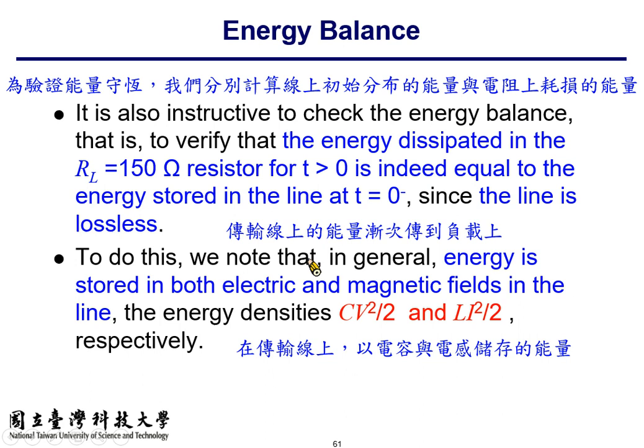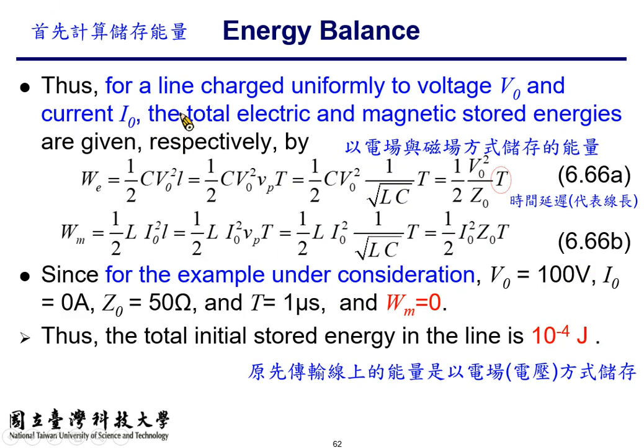But in reality, the energy stored on the transmission line is stored in terms of electrical field and magnetic field. So what we can do is find out the total energy stored on the transmission line. Equations 6.66 A and B represent the energy stored in terms of electrical field and energy stored in terms of magnetic field.